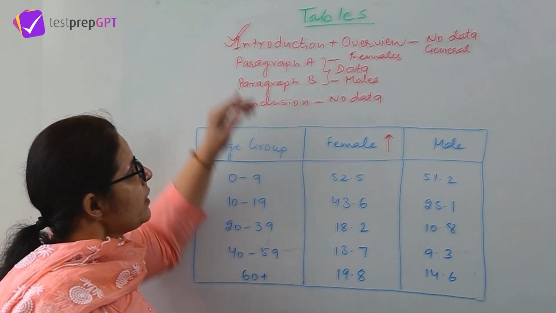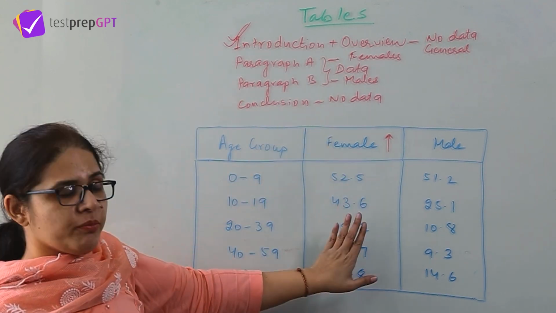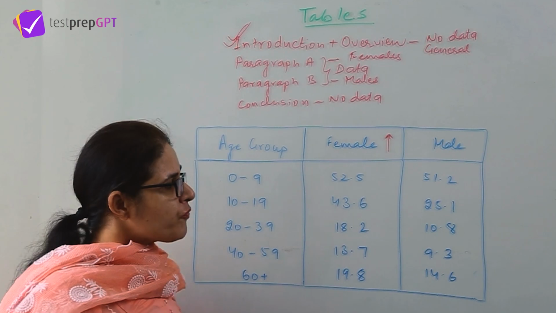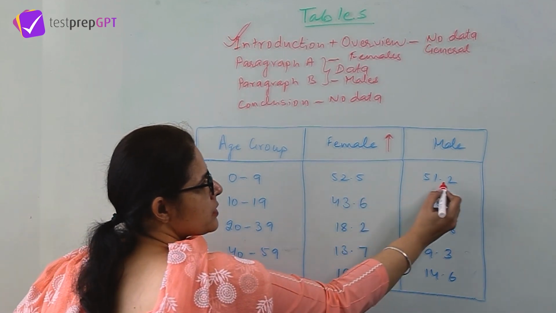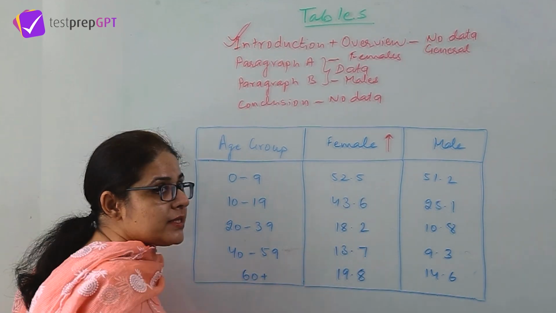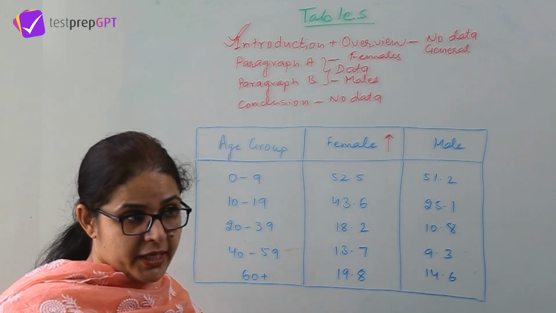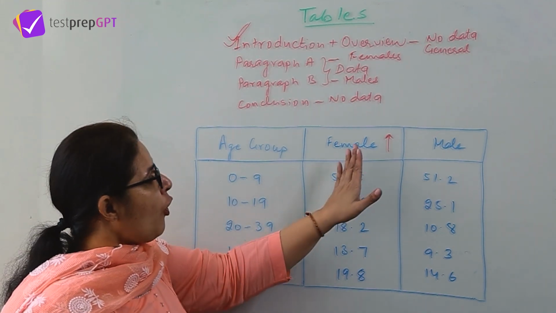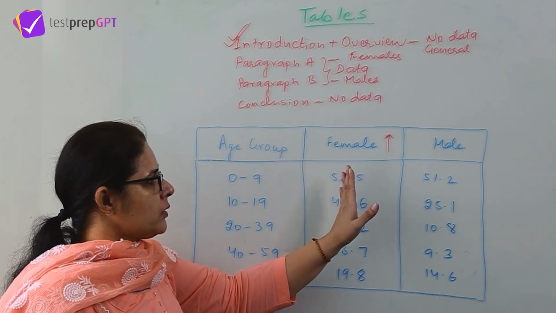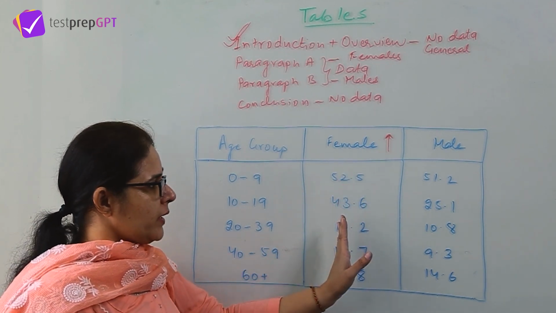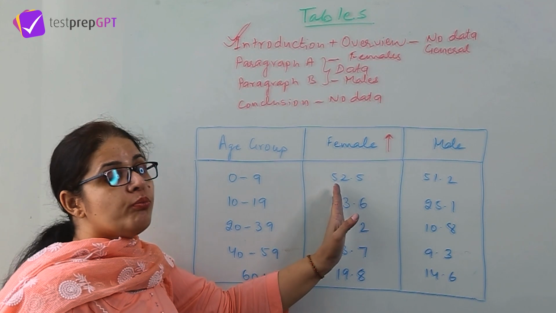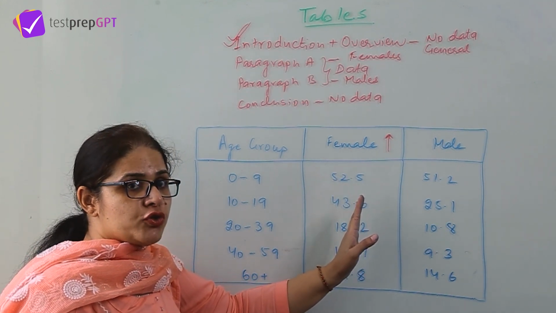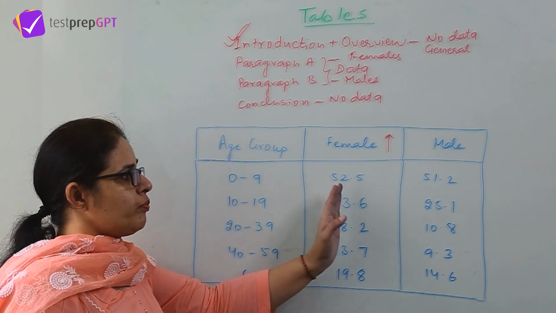So now, as we said, in paragraph A, we can talk about females. Paragraph B, we can talk about males. We have already talked about this, so we don't need to say it again. You can say, for females, or if we consider females, more than half of the females aged below 9 years rode bicycle.